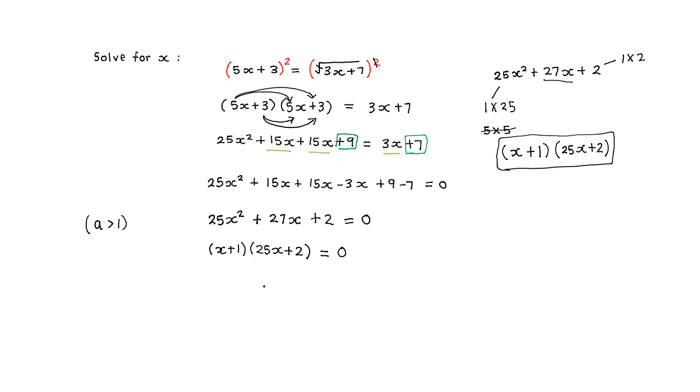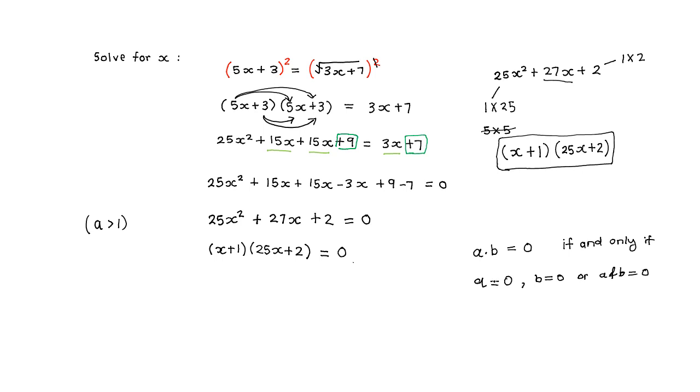Now, the reason why when you are solving trinomials you have to equate it to 0 is because you can now apply the property that says that if you have a product, so A times B, and that product is equal to 0, this is true if and only if A is equal to 0, B is equal to 0, or A and B are both equal to 0.